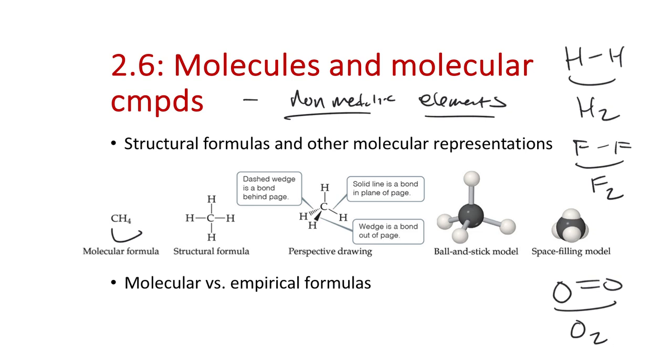So we'll learn how to sketch Lewis structures later. I'm not going to give you a random formula here in chapter 2 and expect you to sketch a Lewis structure. But the important part here is this bond: the bonds connecting the atoms together are those molecular or covalent bonds, and that's what makes something a molecular compound, having shared electrons between the atoms that connect them together.